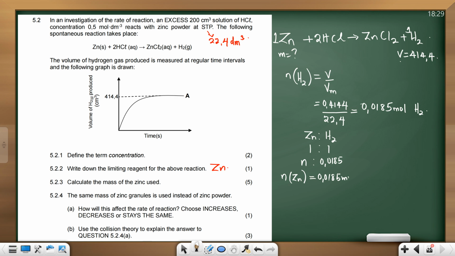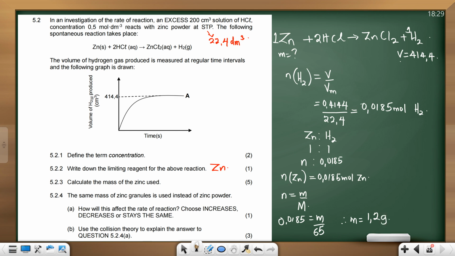0,0185 what? Moles of what? Zinc. Now I know that number of moles is mass over what? Molar mass. 0,0185. We said the molar mass is what? 65. Therefore, if you cross multiply, what's your answer? 1,2 on the dot.